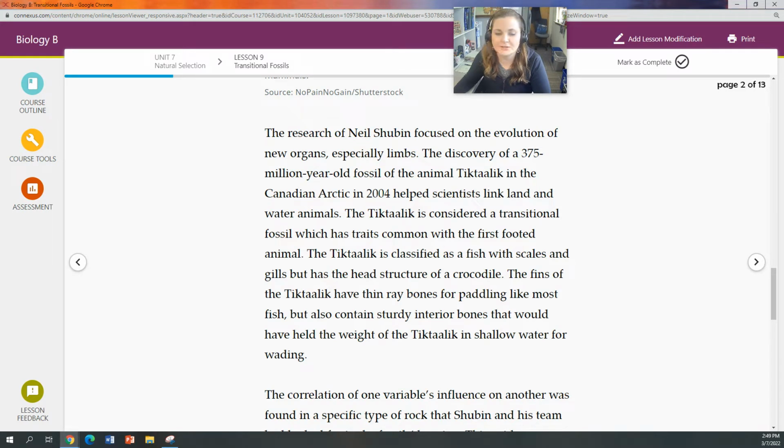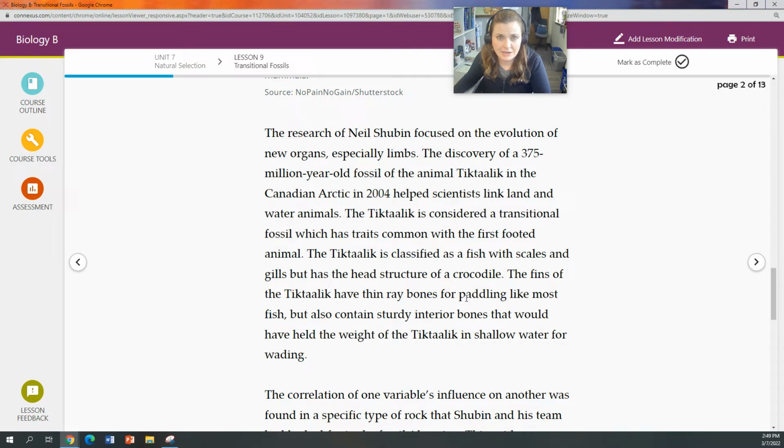A transitional fossil is an important thing because it has traits that are in common with both the organism it is said to have evolved from and the one that it eventually evolves into, right? It has traits common with the first footed animals, essentially.